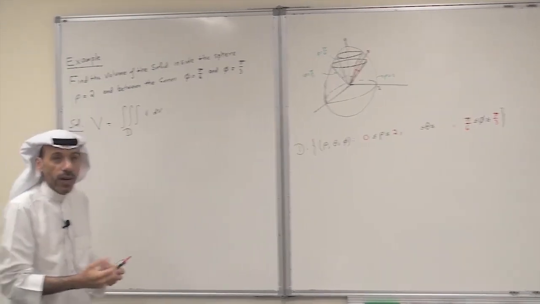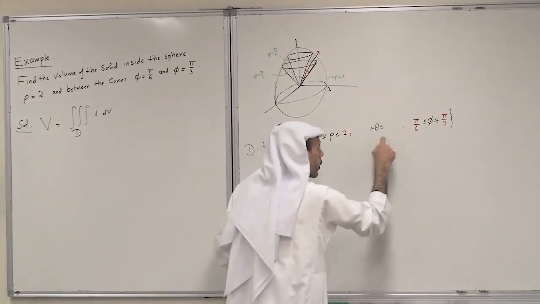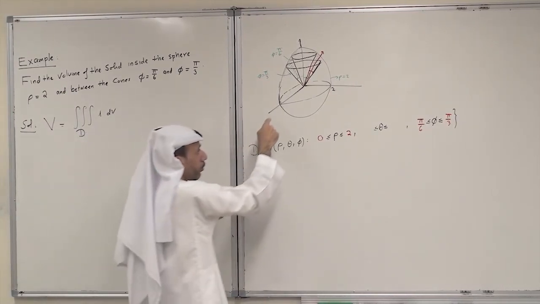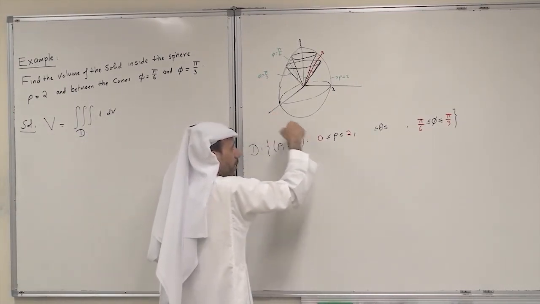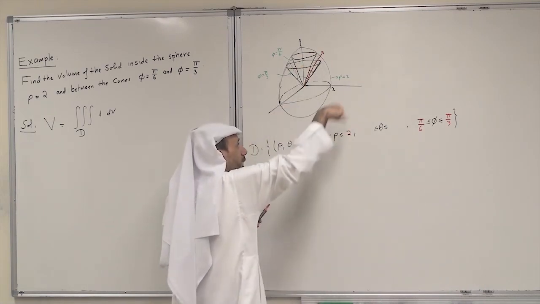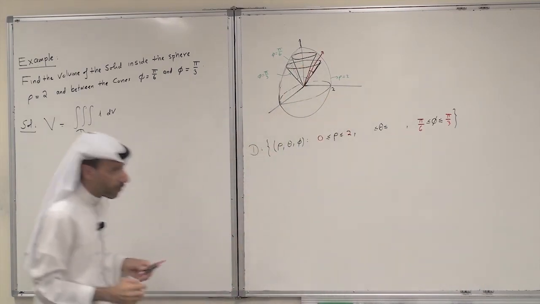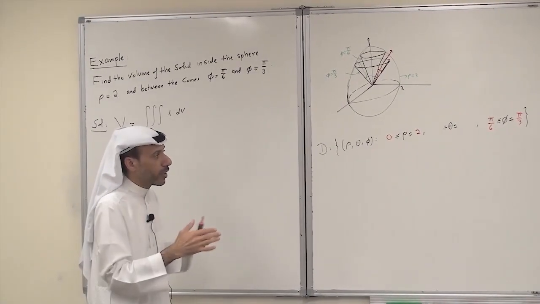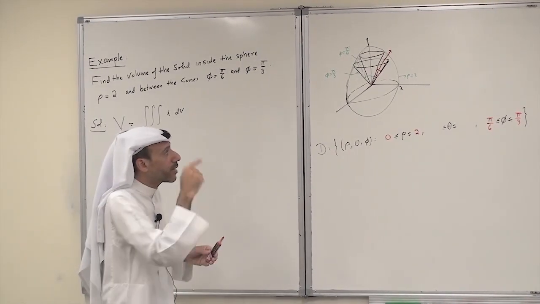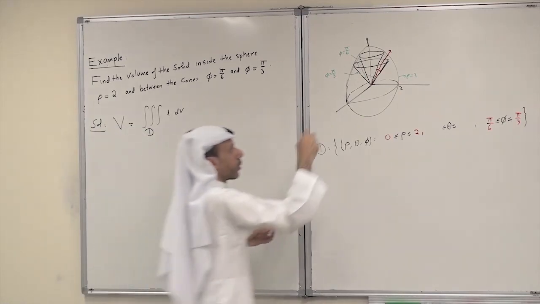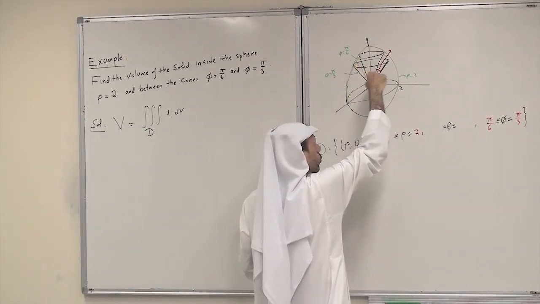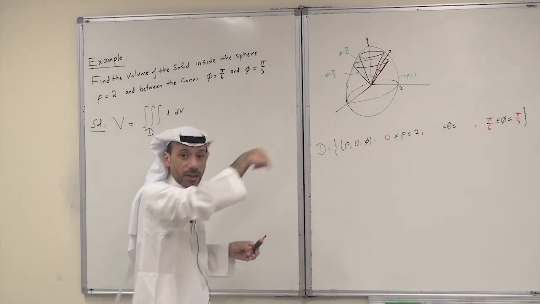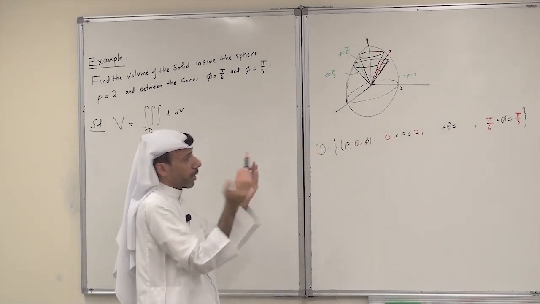What are the limits of theta? Here theta is measured from the positive x-axis, and you are rotating inside the xy plane. So theta is just like the measure of theta in polar coordinates. Inside our solid, it is the region between the two cones, so it is just like a circular part.